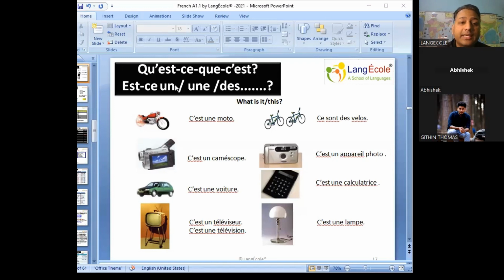One is qu'est-ce que c'est and another one is est-ce un, est-ce une, or est-ce des. There are some more questions that you will learn further also. These are the first two questions today. We will learn what this is all about.